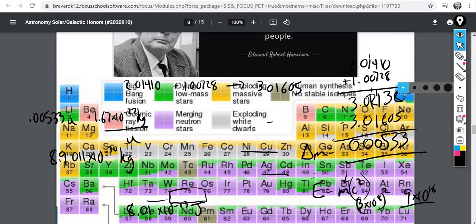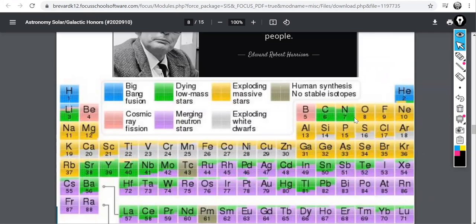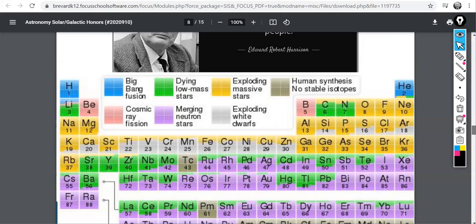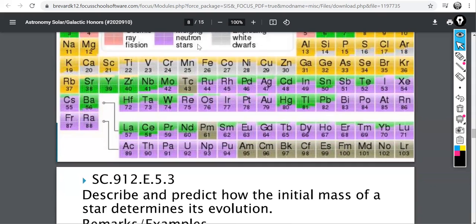Exploding massive stars, and you see the uranium down here, merging neutron stars. So when neutron stars merge together, they make all these heavy elements like that.